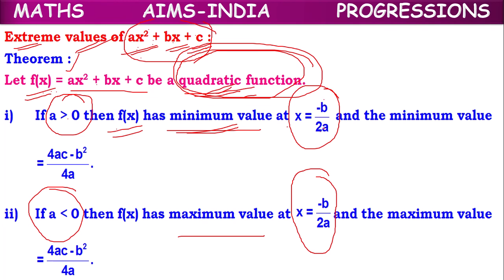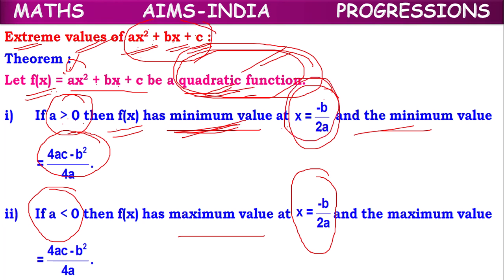When x equals minus b by 2a, at that place it will have the minimum value, and that minimum value is 4ac minus b square by 4a. If a is greater than 0, where a means the coefficient of x square, the quadratic function will have a minimum value at x equal to minus b by 2a.